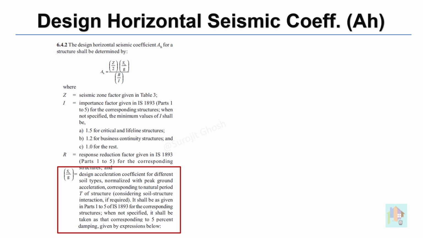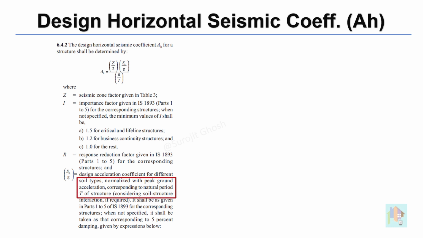Do you know how this is calculated and used for seismic analysis? It is the most important factor and used both for static and dynamic analysis. As per IS 1893, SA by G is normalized with peak ground acceleration, depends on the soil class, natural period, and damping of the structure.